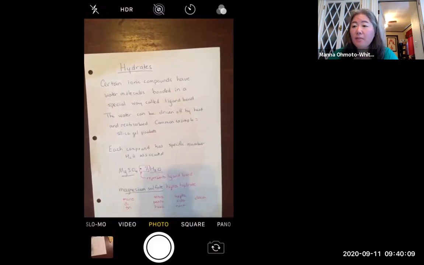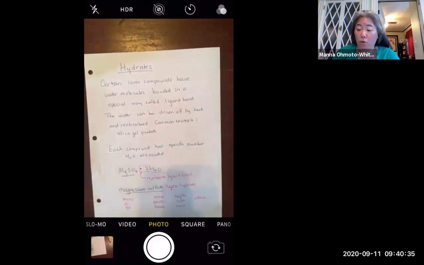A common example is those silica gel packets that you have with cookies and crackers. There's a little tiny packet that says silica gel, do not eat. The silica gel in there is an ionic compound that normally forms a hydrate, and they've driven off the water by heating it up and put it into those packets. You'll notice that those packets are kind of fibrous on the outside so that they can absorb water.